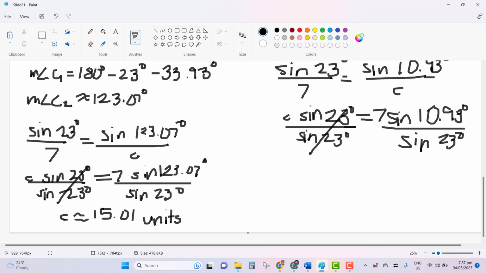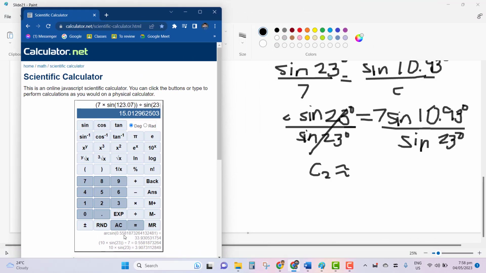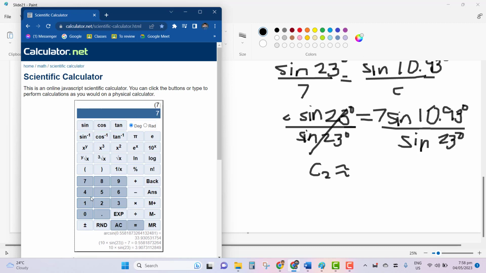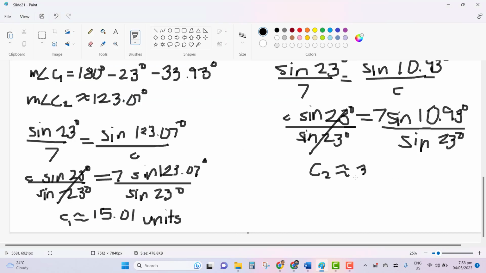So this was C1 earlier, and C2 is approximately this. Let's see this again: parenthesis 7 sine 10.93, close it, divide by sine 23. So you have, rounding to two decimal places, 3.40 units.